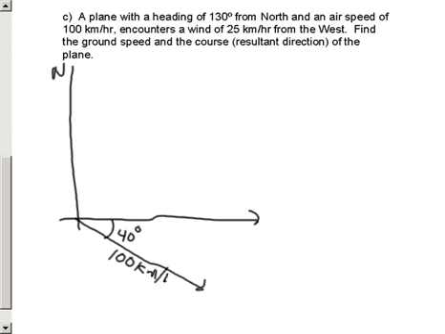And then you have a vector for the wind. And the vector for the wind is going which way? From the west. So it's going, good, it'll be right here on the x-axis, 25, going east.